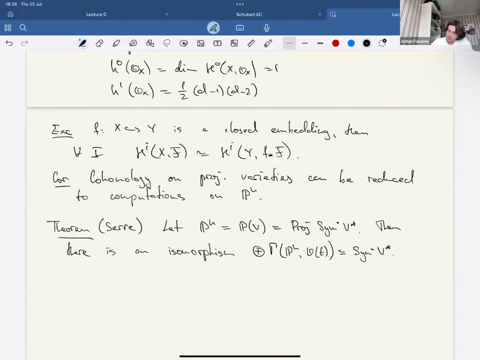So this is the first part, for t greater or equal than 0.